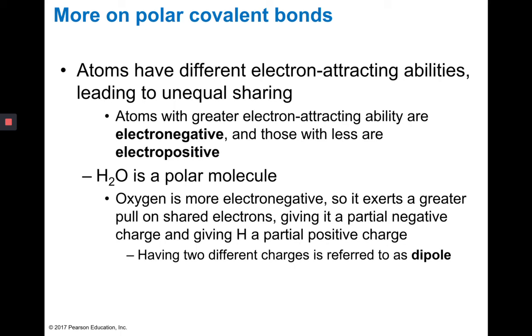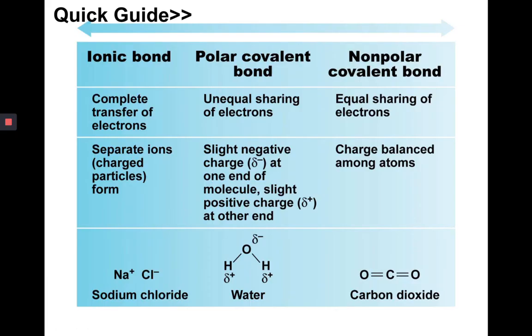It's always a polar molecule because oxygen is more electronegative. So again, it's exerting a greater pull on the shared electrons. They're closer to oxygen. That gives the oxygen a partial negative charge, whereas since the electrons aren't as close to the hydrogens, they're going to have a partial positive charge. And again, the name for that was a dipole, which is created in a polar molecule.